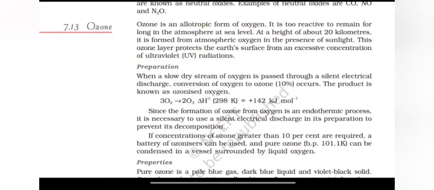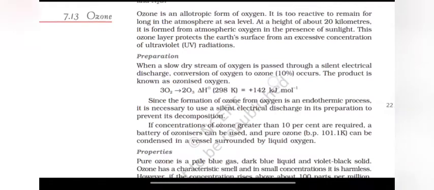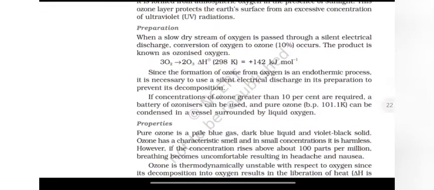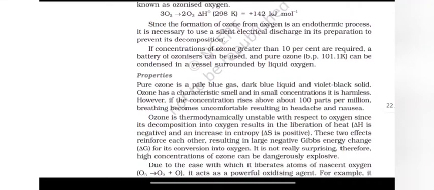Since the formation of ozone from oxygen is an endothermic process, it is necessary to use a silent electrical discharge in its preparation to prevent its decomposition. If concentrations of ozone greater than 10% are required, a battery of ozonizers can be used. Pure ozone can be condensed in a vessel surrounded by liquid oxygen.